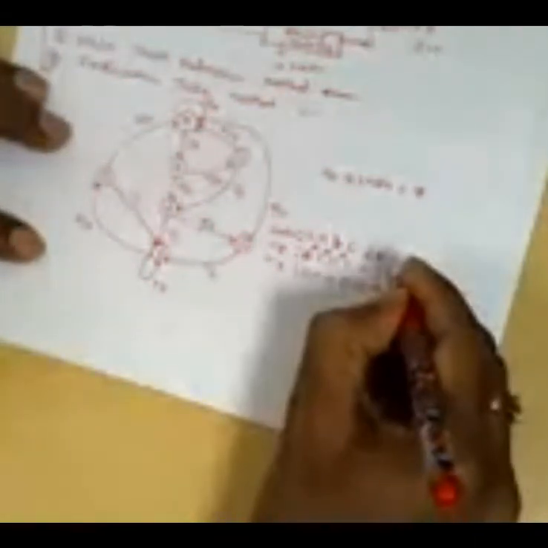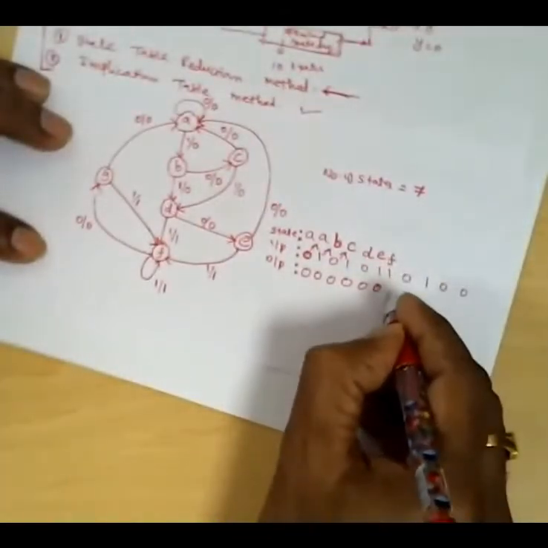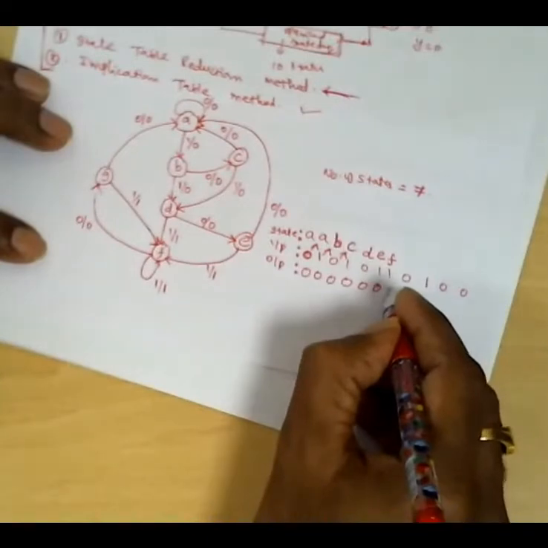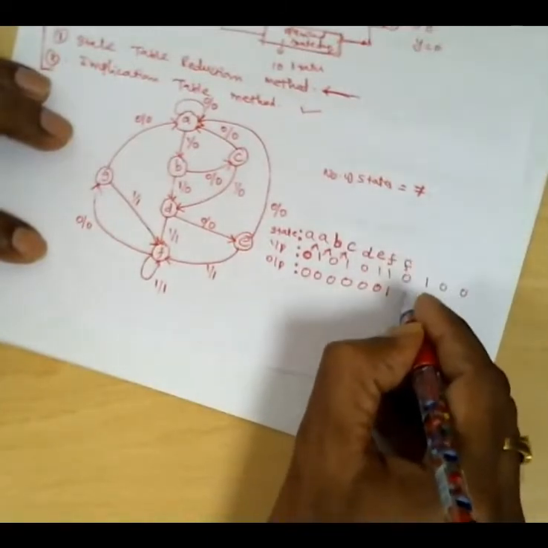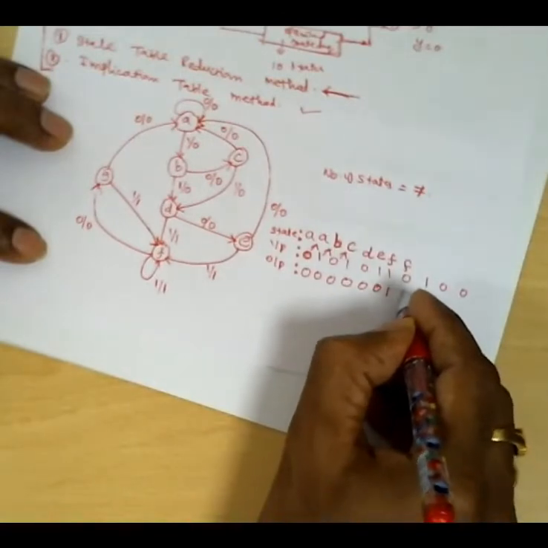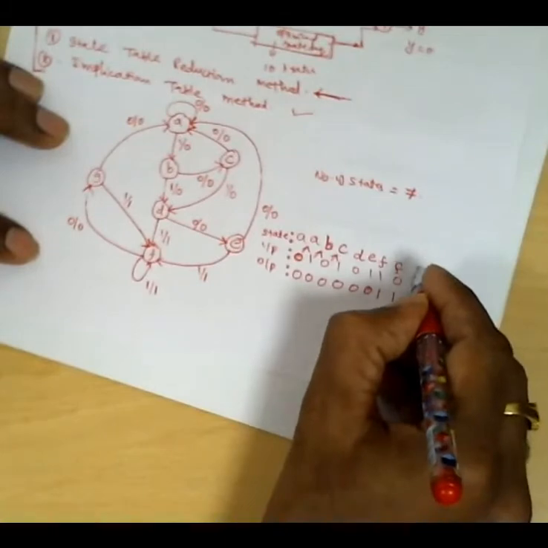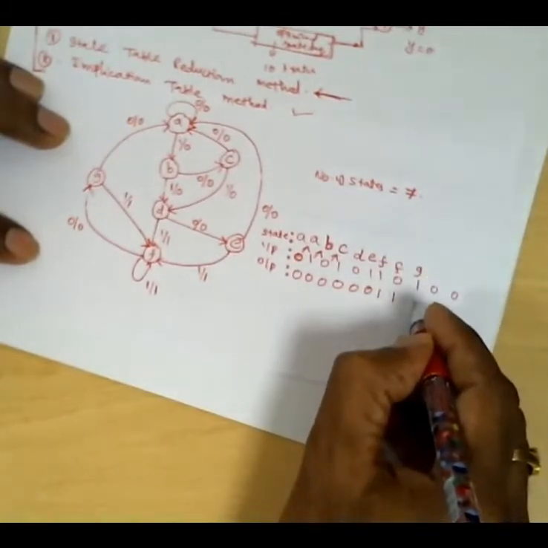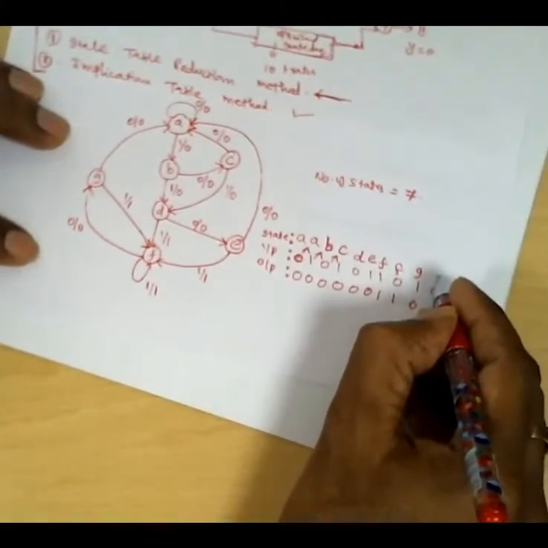Next state, F, sir. F. What is the output? 1. What is next state? F. Output 1, state G, output 0.